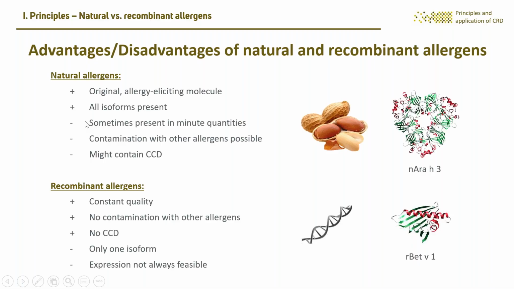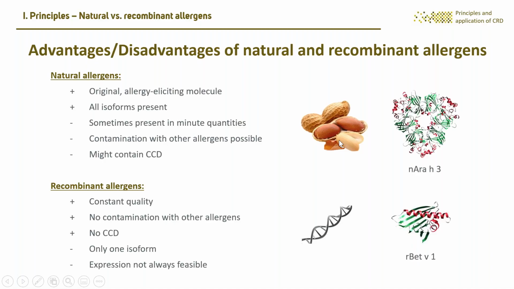Some disadvantages or problems associated with natural allergens are rather technical in nature, because if you want to purify a natural allergen molecule and this protein is present at very low concentration in the extract used for preparation, then the yield will be poor. Another problem which is frequently encountered is that extracts sometimes contain proteins which are similar in their physical and chemical properties.